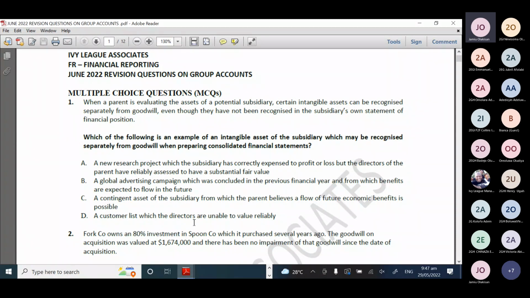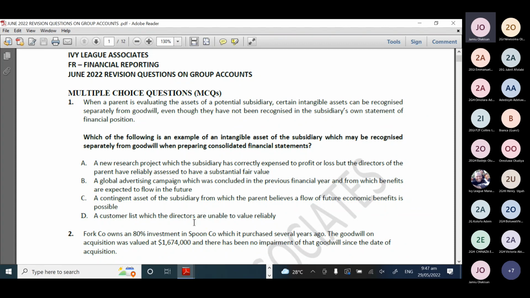But there's something called measurement period. That measurement period could make you recognize retrospectively what you discover within a period of 12 months after the date of acquisition. You can recognize it retrospectively. Are we together?